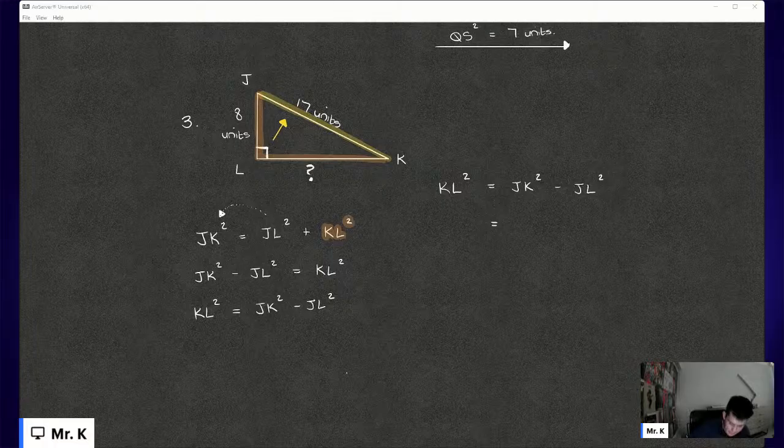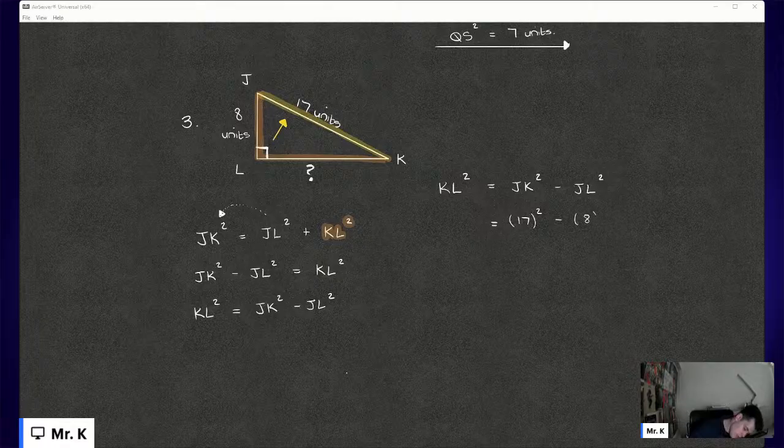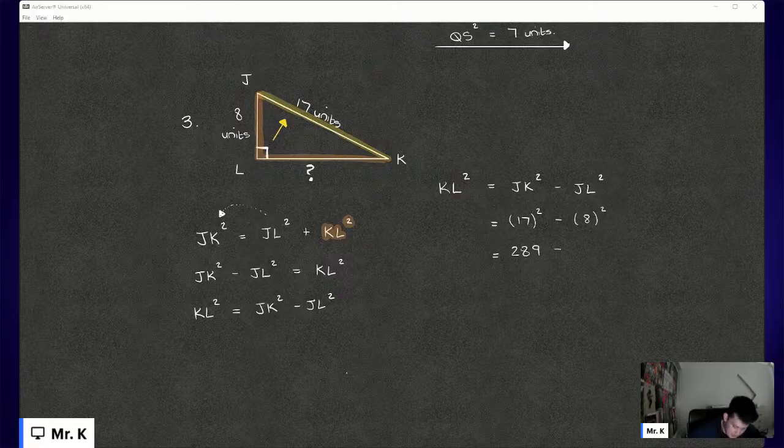JK has a length of 17 units and JL has a length of 8 units. Again, guys, you can go ahead and put this into your calculator. I'm going to write down the values just so that anyone that doesn't have a calculator is able to understand where these numbers are coming from.